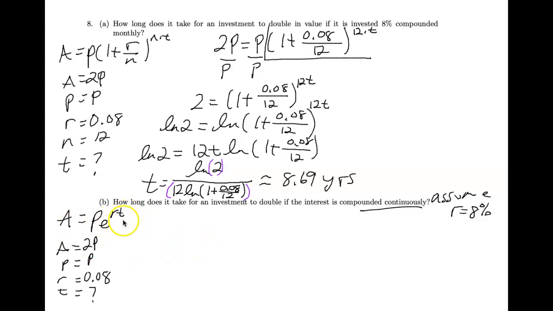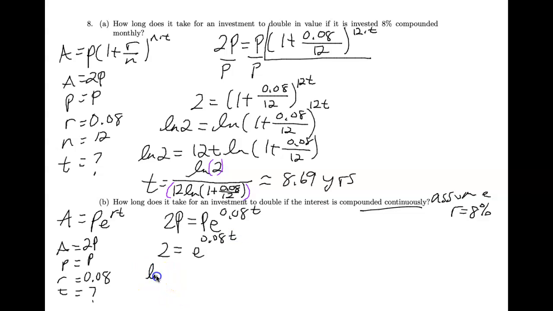Plugging everything into this formula, we have 2P equals P e to the 0.08t. We're going to divide both sides by P to isolate the exponential, so I'll end up with 2 equals e to the 0.08t.